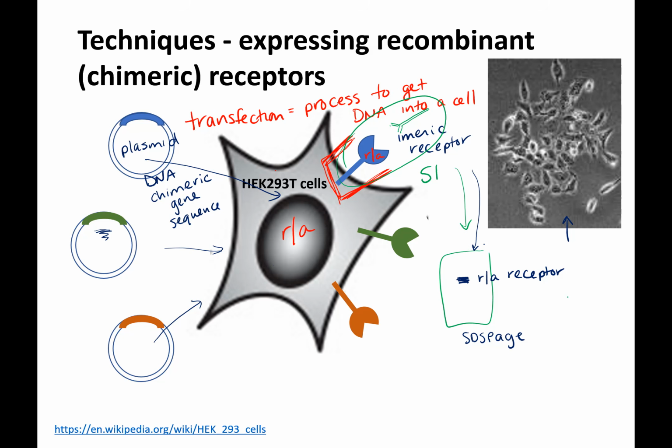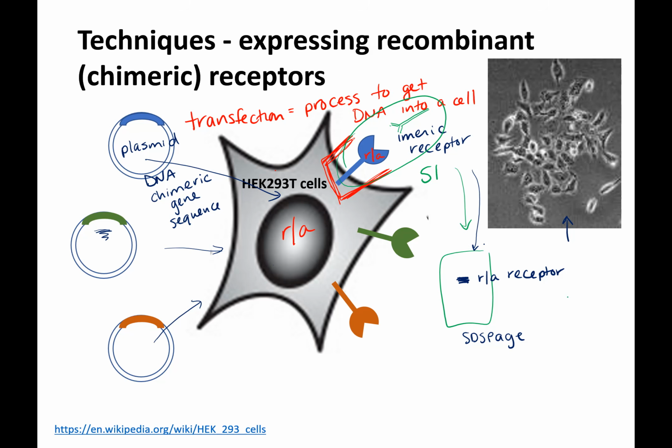In case you're curious, HEK293T cells are a cell line, which means they're used in lots of labs, grown kind of forever. They have some cancer characteristics that make them immortal. They're from human embryonic kidney cells, and the T stands for the large T antigen.